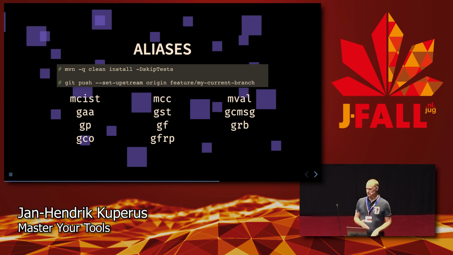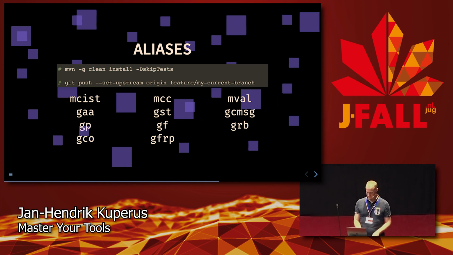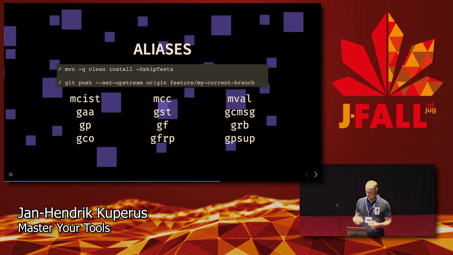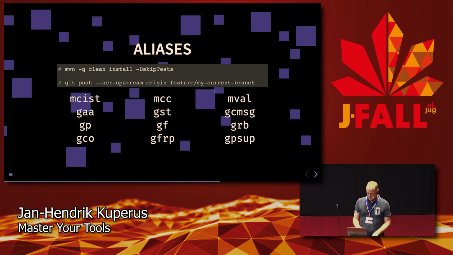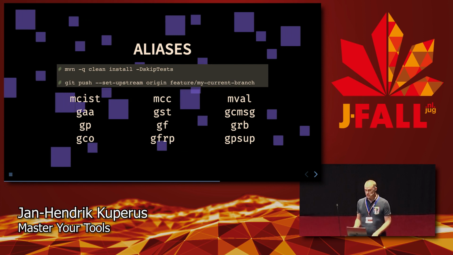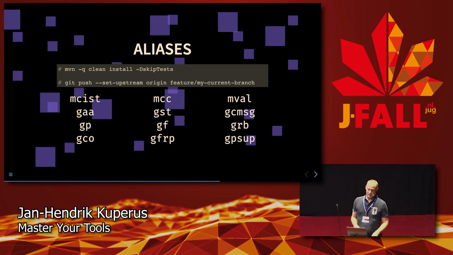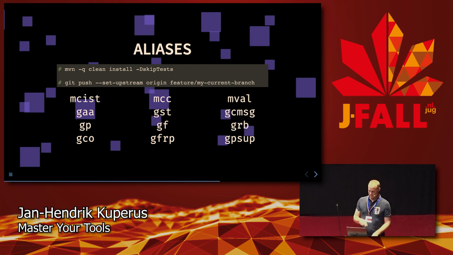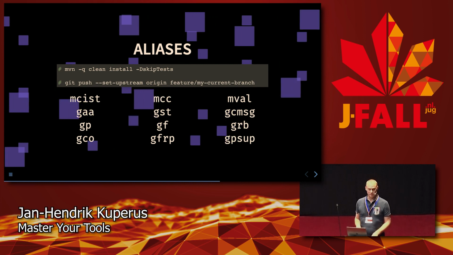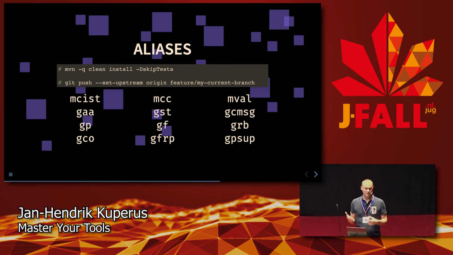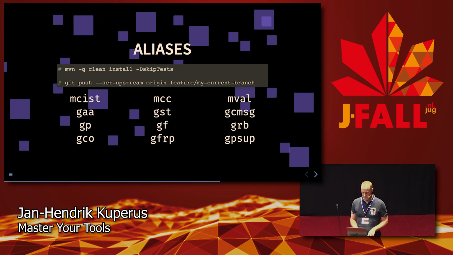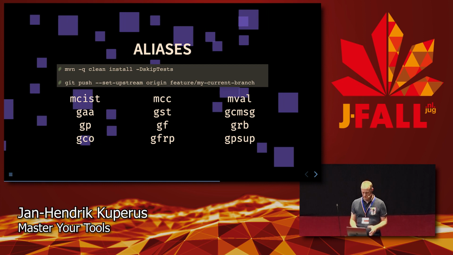But if all goes well, it'll just push everything through. And GP sub is git push set upstream. So there's a lot more of these. If you use Z shell and you've used Oh My Zsh, then you have like hundreds of these for free. But again, feel free to adapt them to your own work environment or do what you used to do.